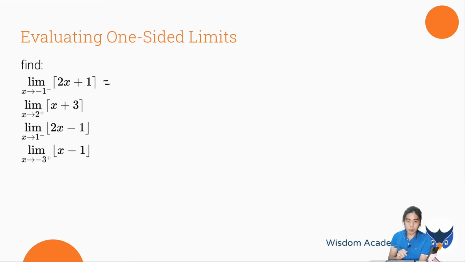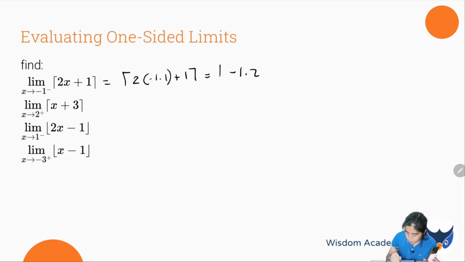So, less than negative 1. So, negative 1.1 yung pwede natin i-substitute. So, negative 1.1 plus 1. So, 2 times negative 1.1 is negative 2.2 plus 1, negative 1.2. So, ceiling function nito is negative 1.